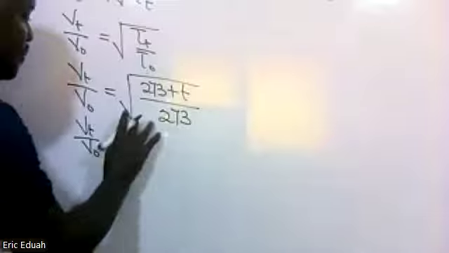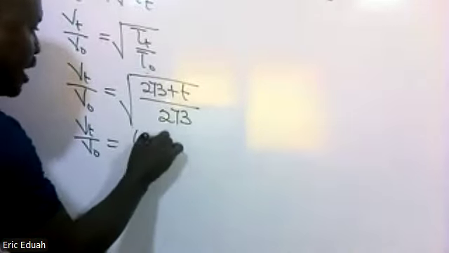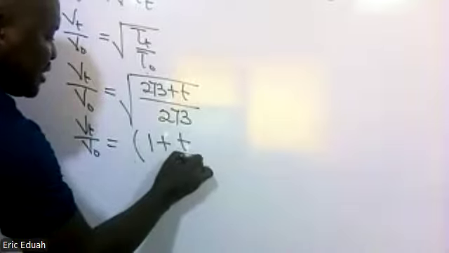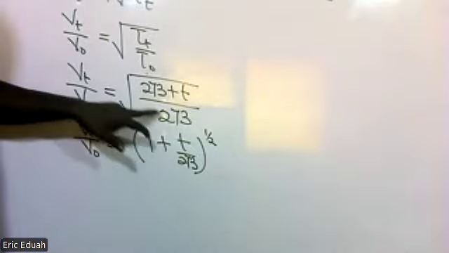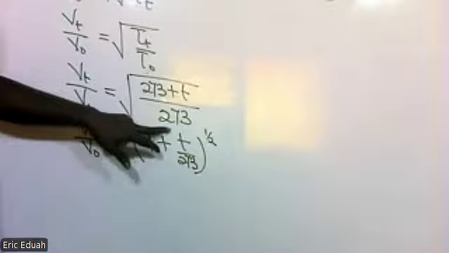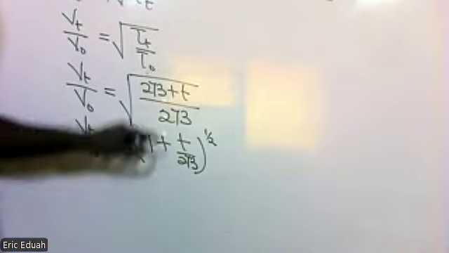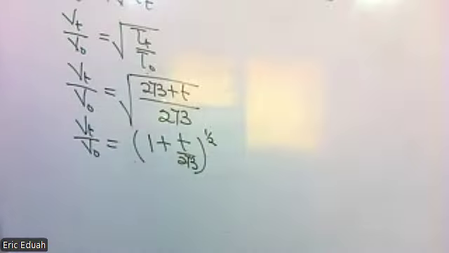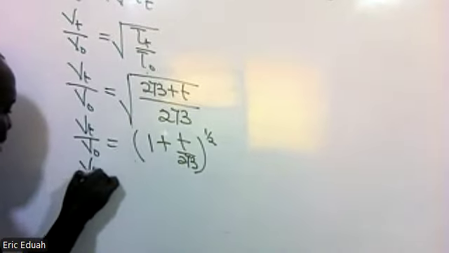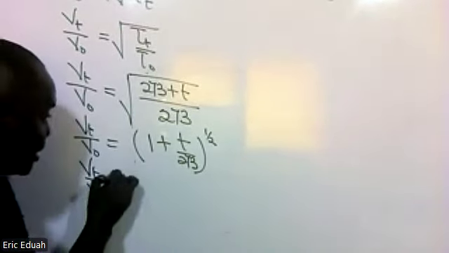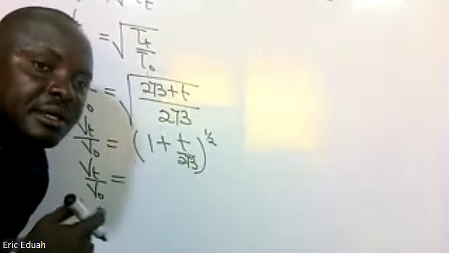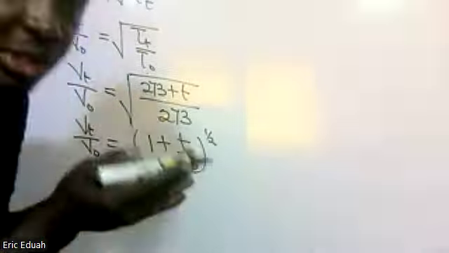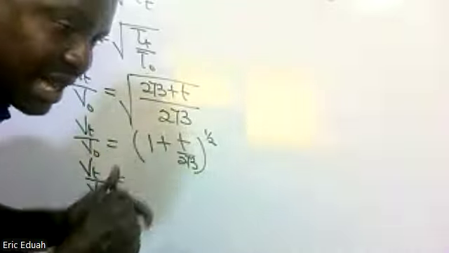So, we have (1 plus t on 273) raised to the power half. I'm dividing through by this, 273 divided by this and t divided by that. And then the square root sign is what is changed to have this. V at T on V at 0 is equal to, if you expand this and consider the first two terms, the first two terms would give you a larger value, the other values are small.